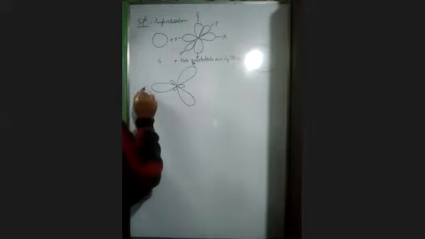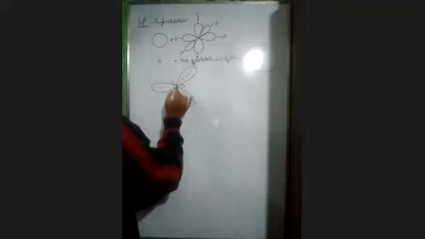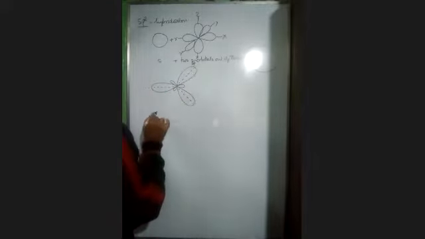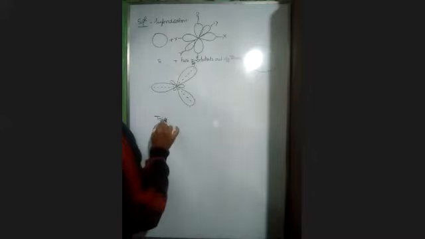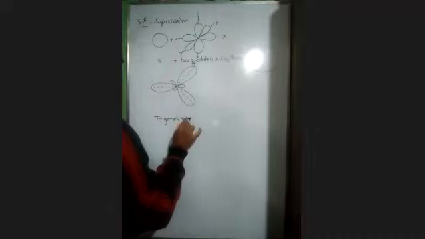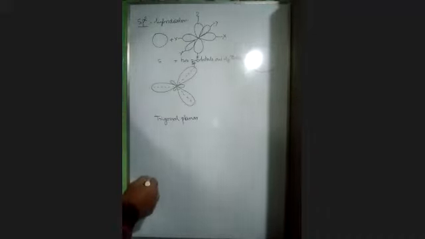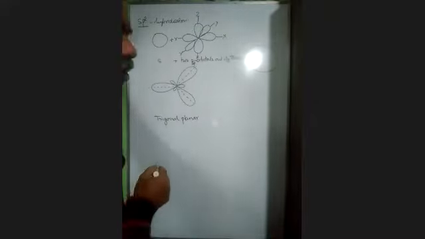Okay. So what is the shape now here? See, this is planar. This is called trigonal plane. All right, but one of these orbitals I did not mix, and all these 3 orbitals are 90 degrees to each other.